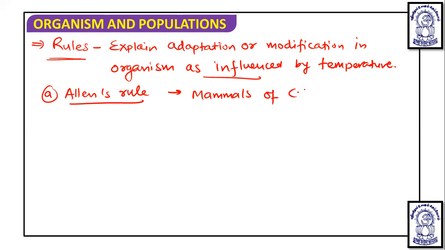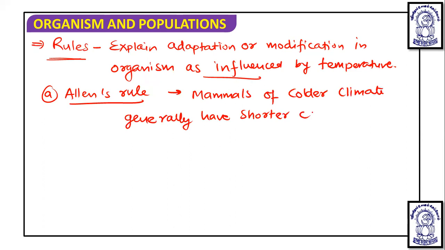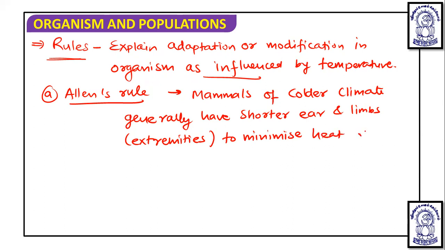Allen's rule says that mammals of colder climate generally have shorter ears and limbs, that is extremities, to minimize heat loss.